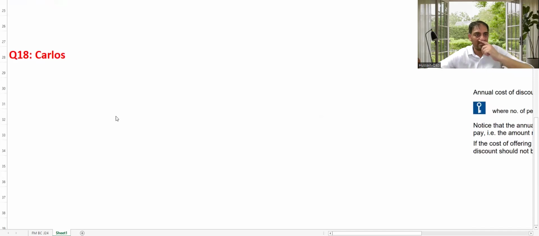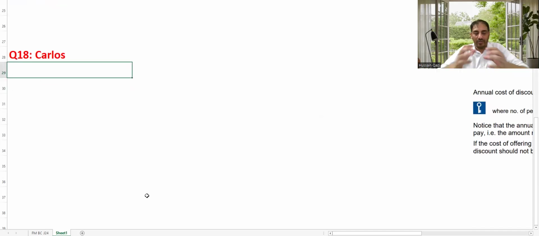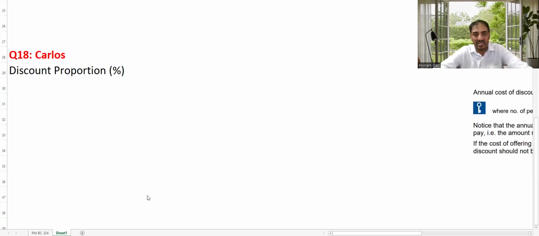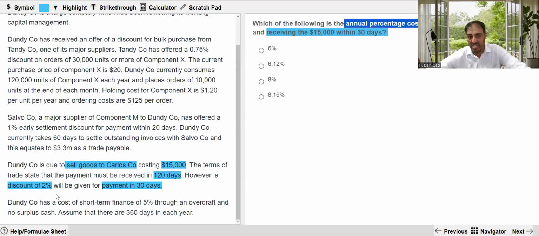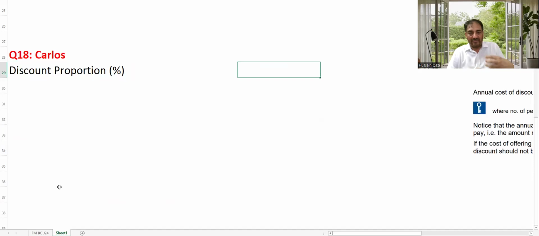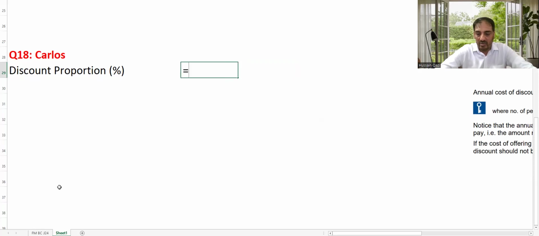Number one, if you want to calculate the annual percentage, first you need to calculate the discount proportion. Discount proportion means you are offering a discount of 2%. If your customer is paying 100 with the credit term of 120 days, now you are offering 2%. So you calculate the proportion as 2 divided by 98.